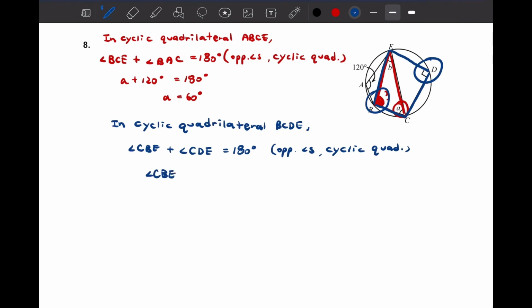So CBE adding 90 gives you 180, so of course this equals 90. Once we have this, then we can use our angle sum of a triangle.